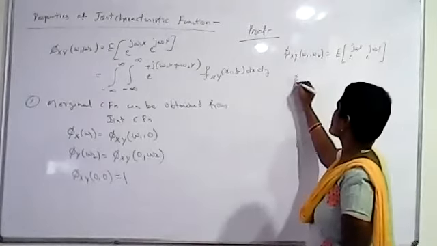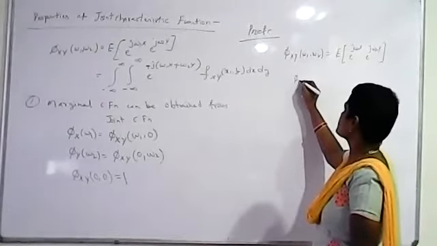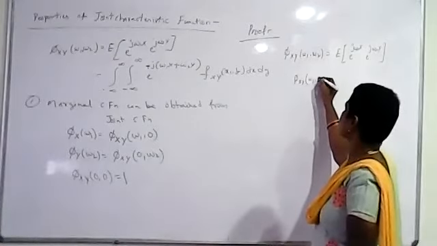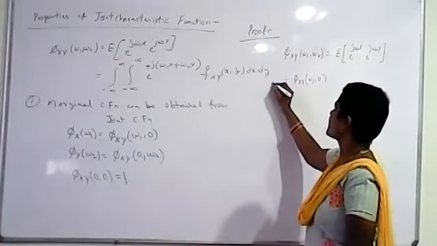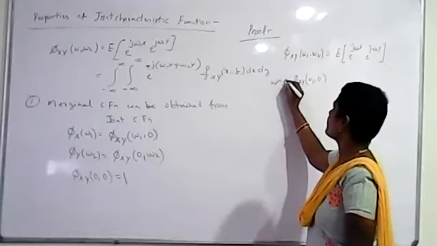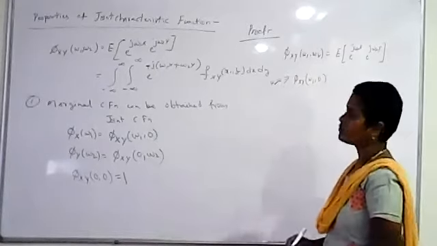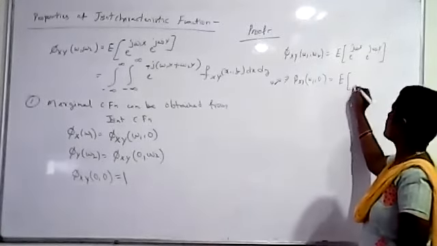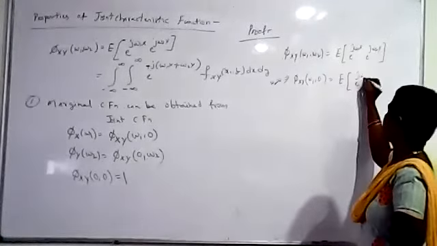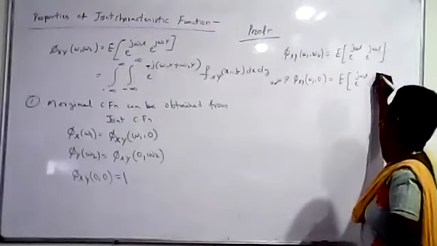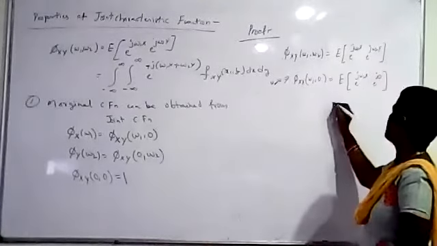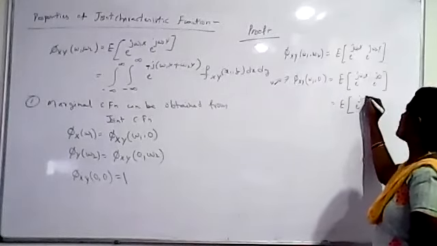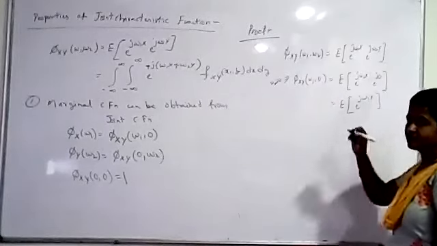Now what we are doing is substituting omega 2 is equal to 0. So this becomes expected value of e power j omega 1x, and omega 2 is 0, so we get e power 0. So it is nothing but expected value of e power j omega 1x.